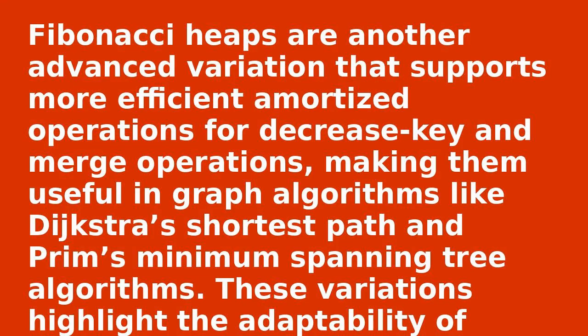Fibonacci heaps are another advanced variation that supports more efficient amortized operations for decrease key and merge operations, making them useful in graph algorithms like Dijkstra's shortest path and Prim's minimum spanning tree algorithms. These variations highlight the adaptability of the heap data structure to different computational requirements.